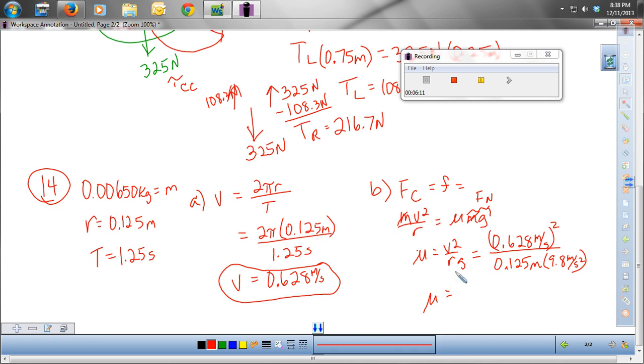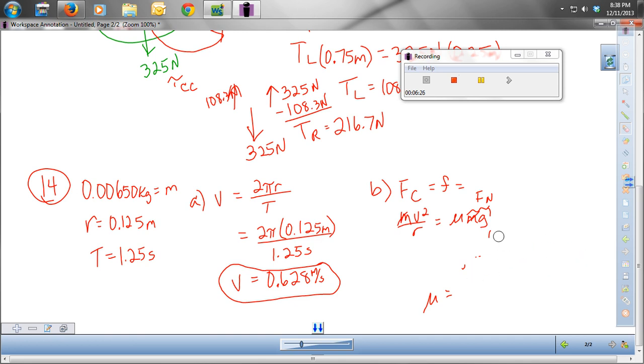You know what, I'm making a mistake here. I didn't think about what they said. They said that they knew mu and they wanted to know what the speed would be when it just began to slip. Okay, so v squared is going to be equal to mu rg.